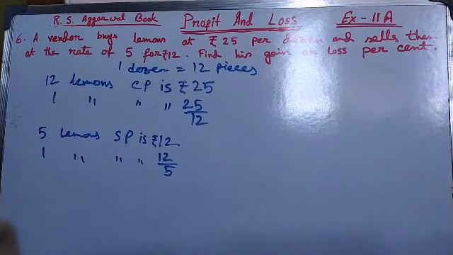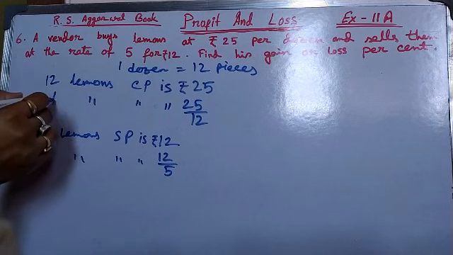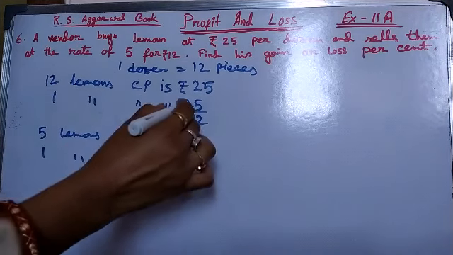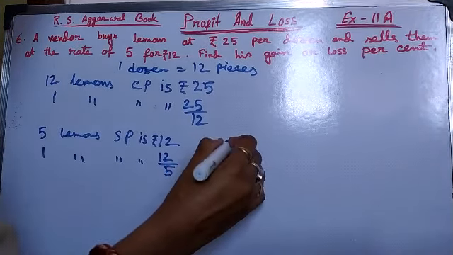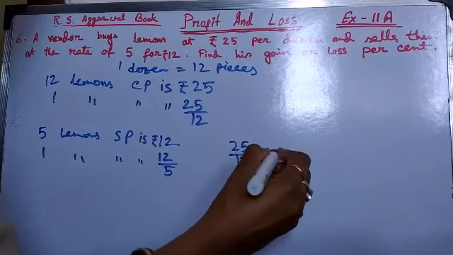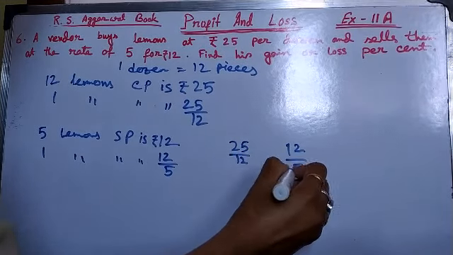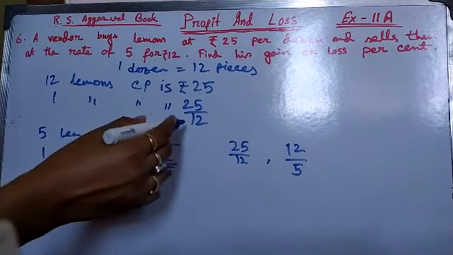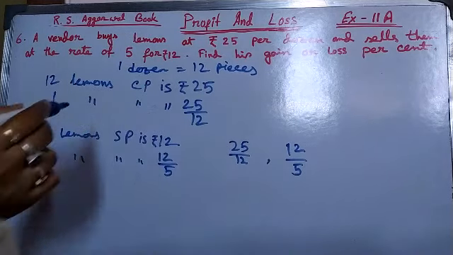So here the unit is already made the same. That means 1 lemon CP, 1 lemon SP. Now we have to compare 25 by 12 and 12 by 5. So we will compare which one is greater.